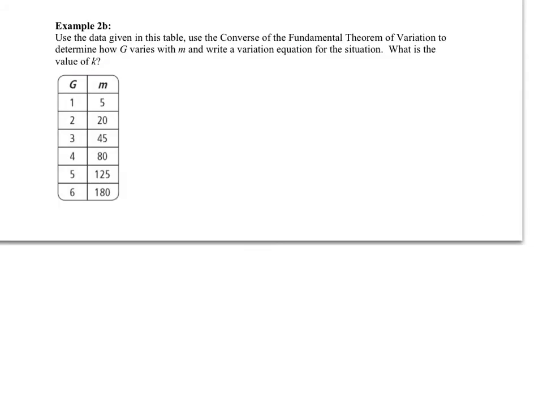Okay, we're going to do another example, so hopefully you can get the hang of this converse of the fundamental theorem of variation. Okay, so we want to see how M varies with G. We don't have a variation equation, so we're testing them to see. And then what is the value of K? Okay, so we're going to pick some points. We're going to say G1 and M1, and we're going to pick 2 and 20.